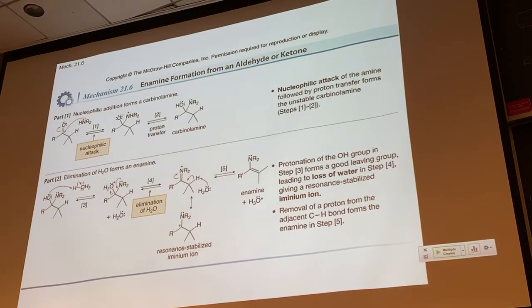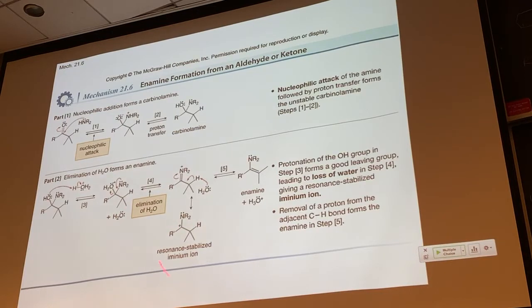But that gets us to the carbinolamine when we have those two proton transfers, protonating the oxygen with H3O+, deprotonating the nitrogen with water. Next step is going to be the same. We're going to protonate the oxygen with H3O+. And the step after that is also the same. We're going to be eliminating water from that intermediate.